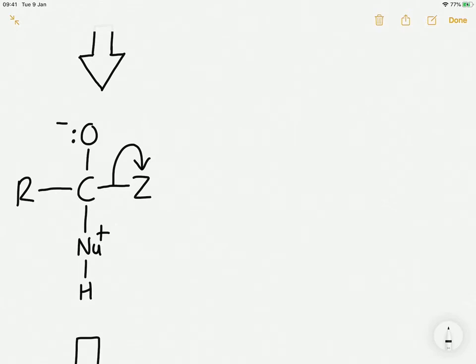The pair of electrons that's holding C and Z together is moving on to Z. Again, just to go back to principles, that now means once that's happened, the carbon only has 3 bonds, which is also not right, right? We can't have carbon with 5 bonds and we can't have carbon with 3 bonds. So in this case, the way that that's resolved is that the carbonyl double bond is reformed.